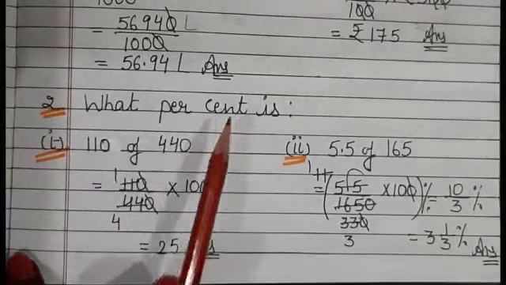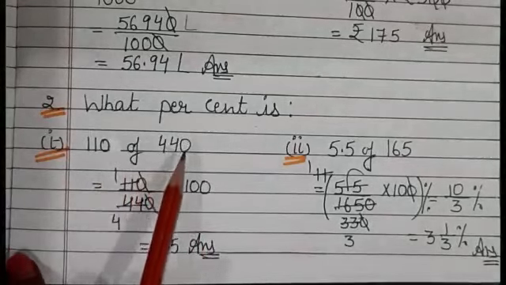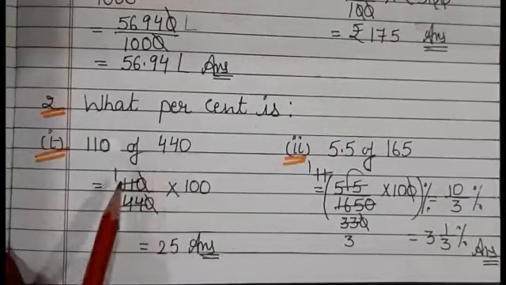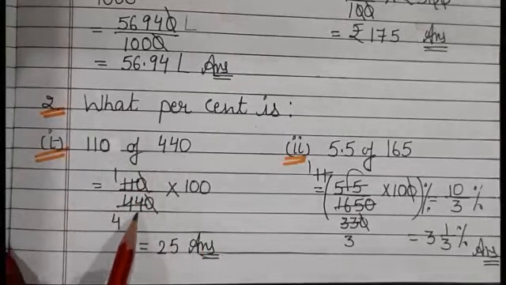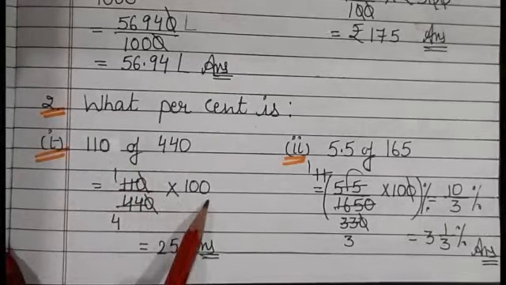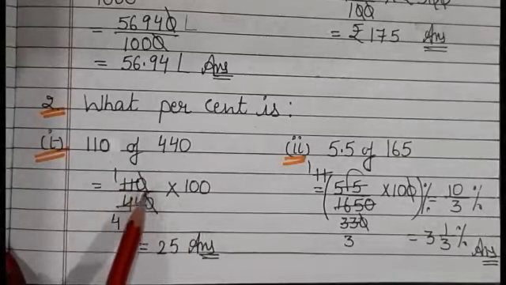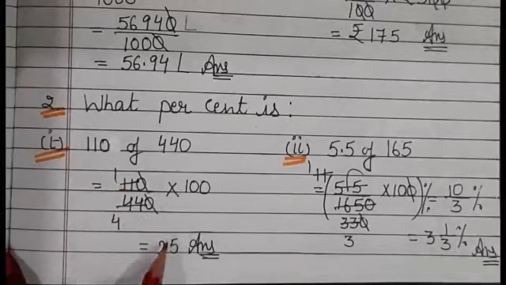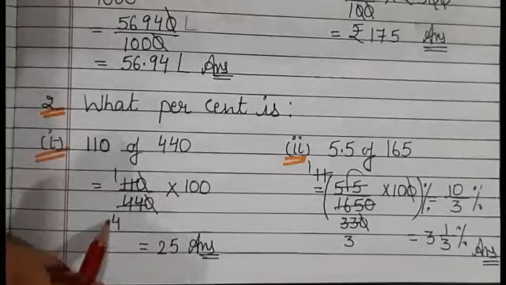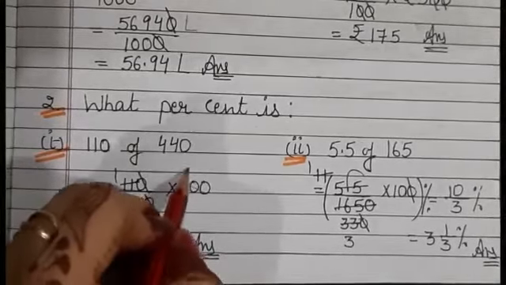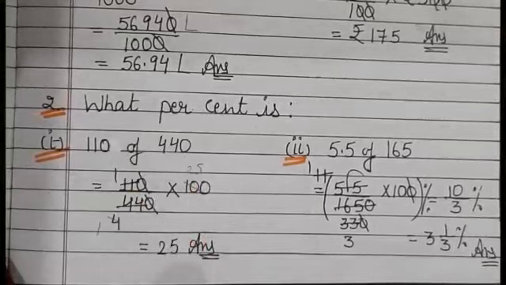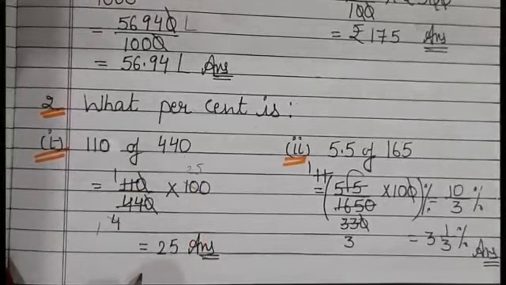So what percent is 110 of 440? It will be 110 by 440 into 100, right? Simplify, 0 to 0 cancel, 11 ones are 11, 11 fours are 44, 100 by 4, when you solve, 25 will be the answer. Clear? 4 ones are 4, 4 twos are 8, 4 fives are 20. So 25 will be the answer.